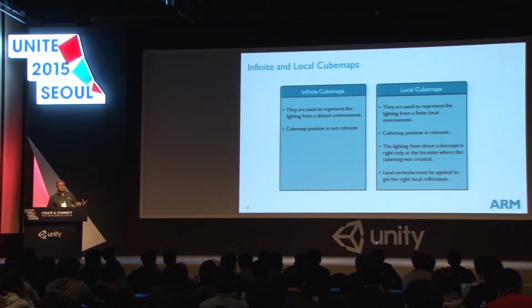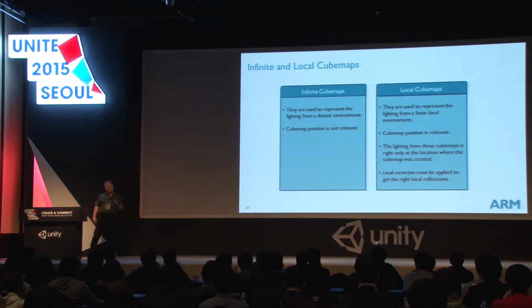So in that case, we need to apply the local correction, and we need to consider the position where the cube map was generated, because it is part of the algorithm. You need to handle the position of the cube map to build that new vector that you will finally use to fetch the correct texture from the cube map.